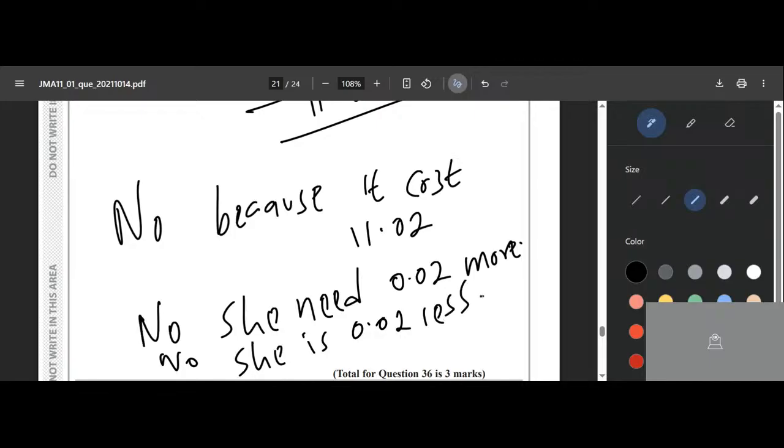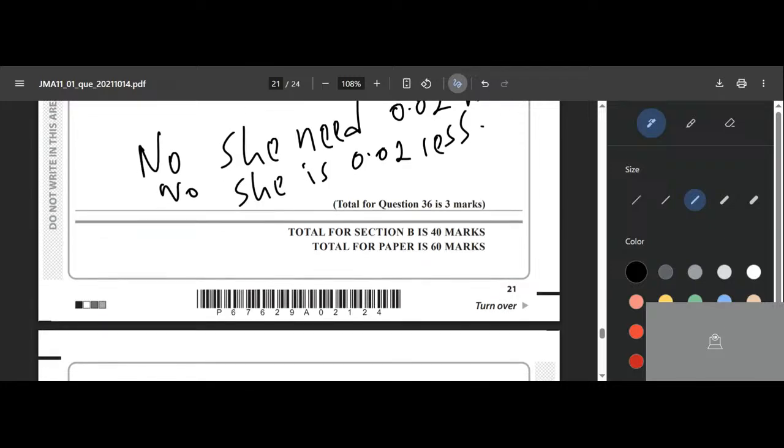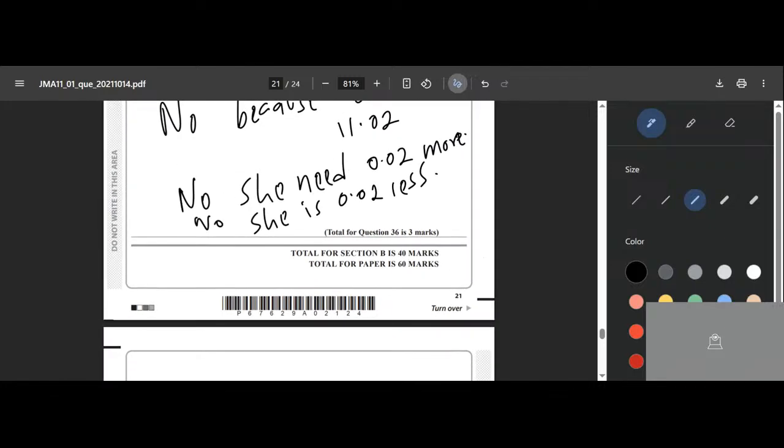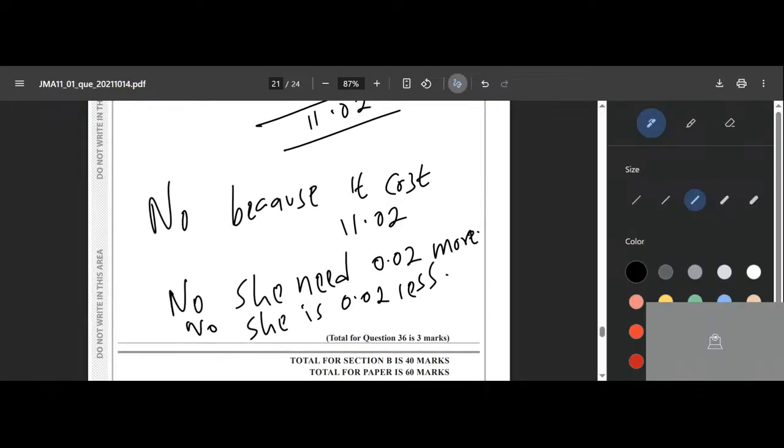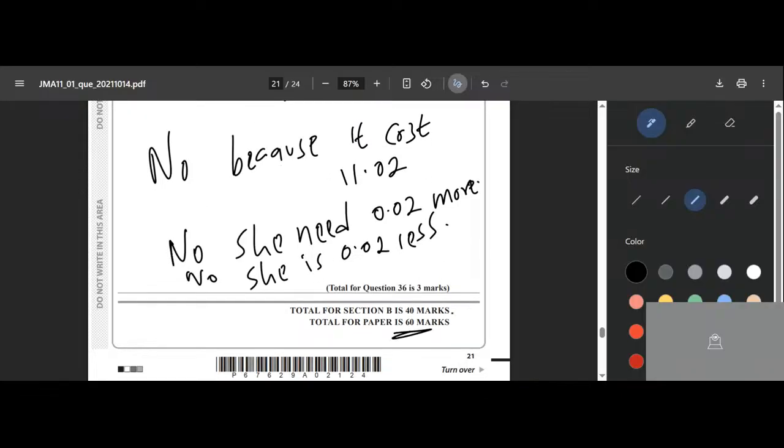Just any way that you can bring your answer. You can say 0.02 expensive, and by doing that you would have completed the assignment of how to answer all the questions to receive the 40 marks for section B, a total of 60 marks.